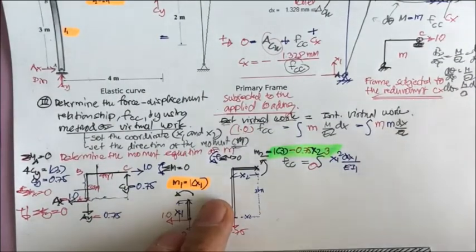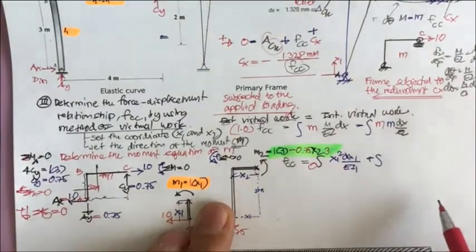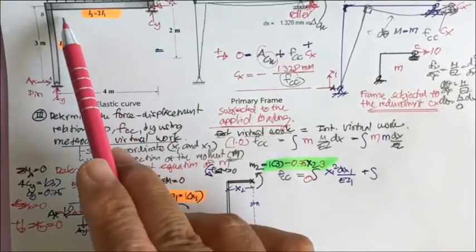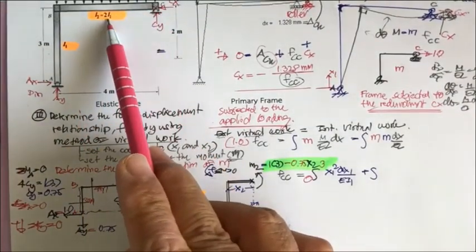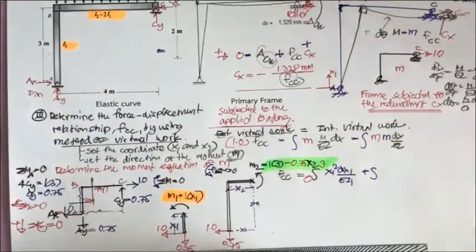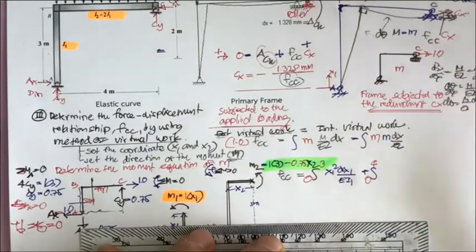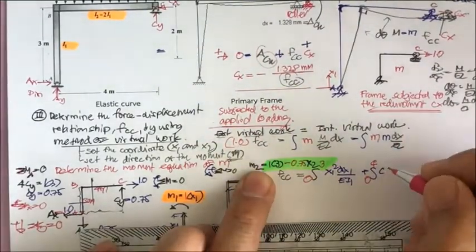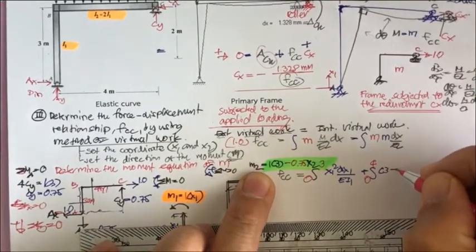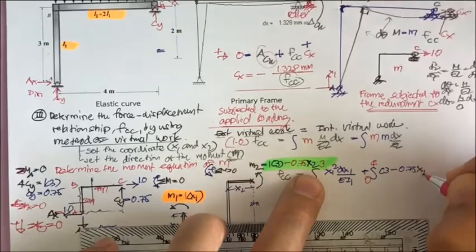Okay. And this one, the next one, we go to plus integration. Now, you integrate the beam from B to C for the length of 4 meters. So you integrate this from 0 to 4. Now, you do the parenthesis. This is 3 minus 0.75 x2.